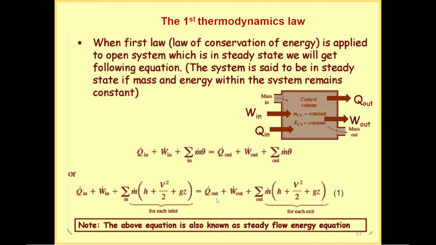This equation is also known as the steady flow energy equation. The steady state equilibrium is maintained when the intensities of two oppositely directed processes of the exchange between the system and the surroundings of mass and energy are of the same intensities.